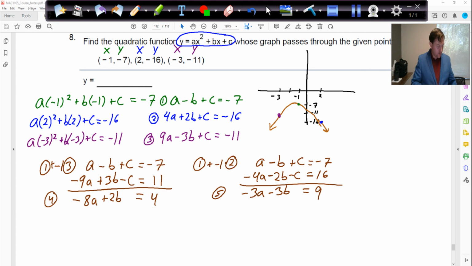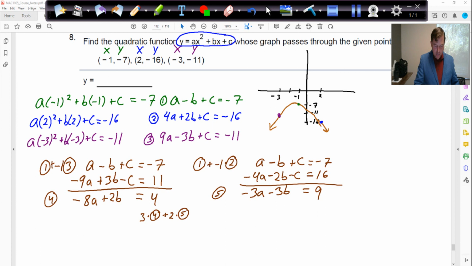And now let's take 3 copies of equation 4 and add to it 2 copies of equation 5. That will now allow us to eliminate b.